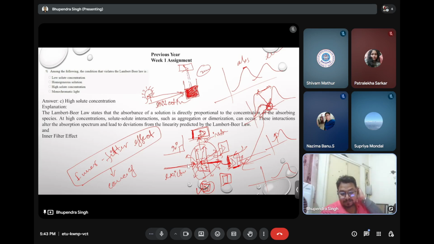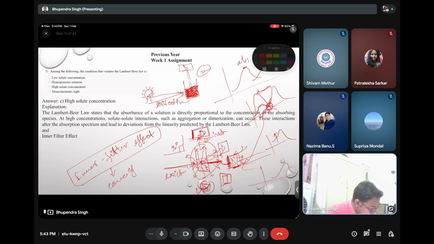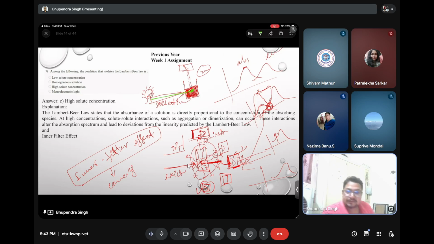Whenever we excite the sample with the lamp, only this green part, I think you are able to see, only the molecules at the position of the green are going to get excited and their emission will be detected by the detector.